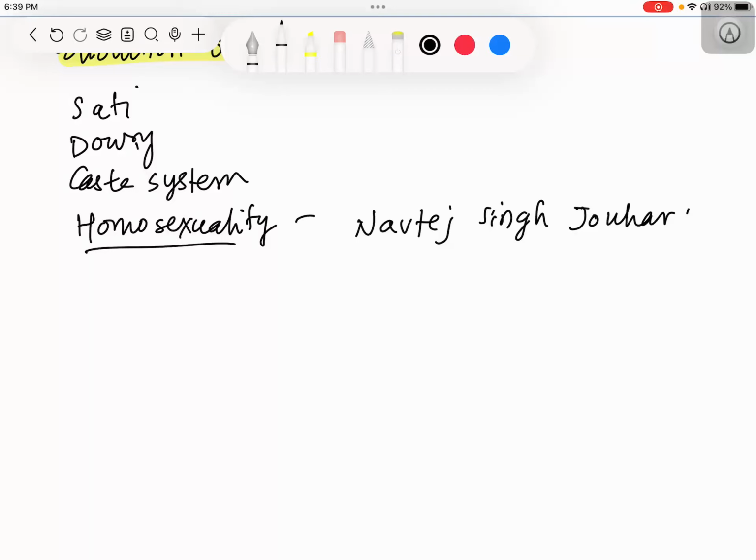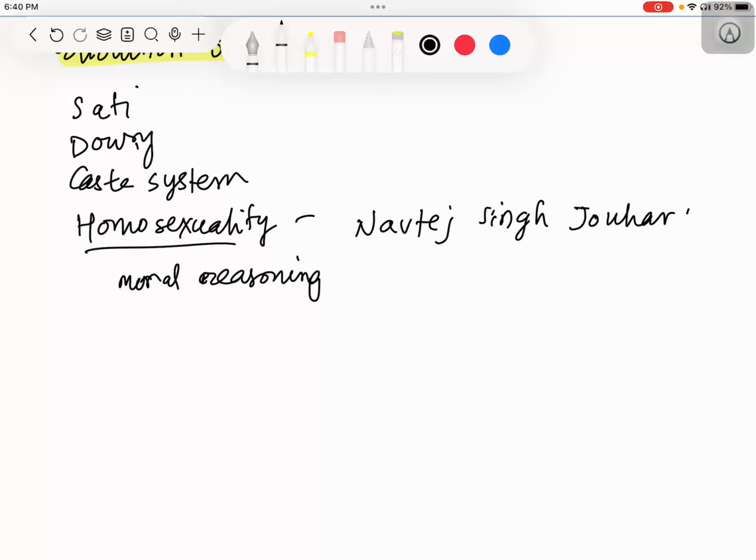So the law and justice system was treating it as illegal. Now gradually with our moral reasoning or ethical reasoning, we were able to understand that these kinds of things should not be there in a developed country, developed society. So then the Supreme Court also took cognizance and struck down its earlier decision.